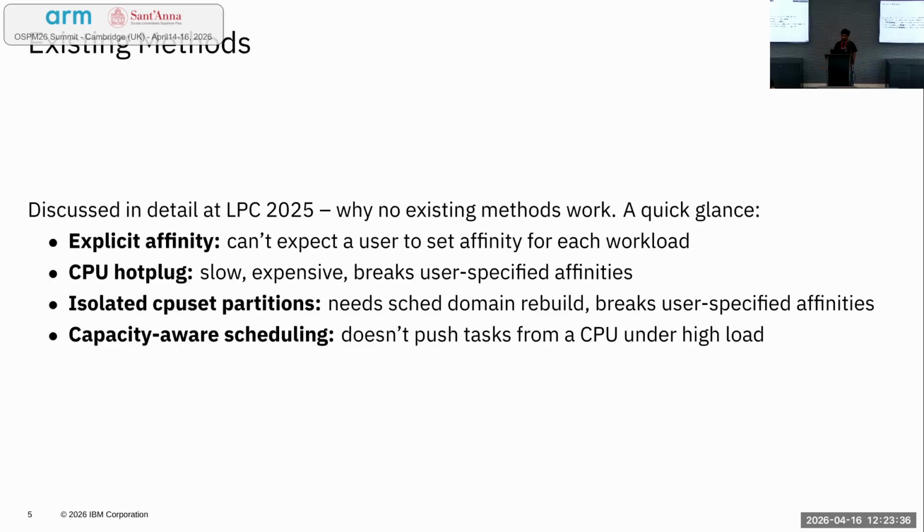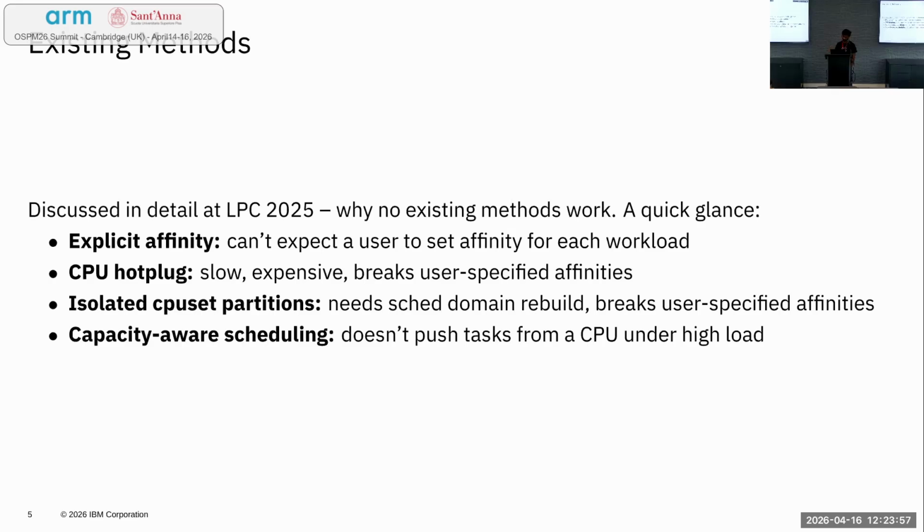And then you have hot plug and isolated CPU set partitions on the fly. That's expensive. But even then, the bigger concern is it breaks the user affinities. So when a user has specified affinity in the guest, and that CPU goes offline, its affinity mask is reset today.